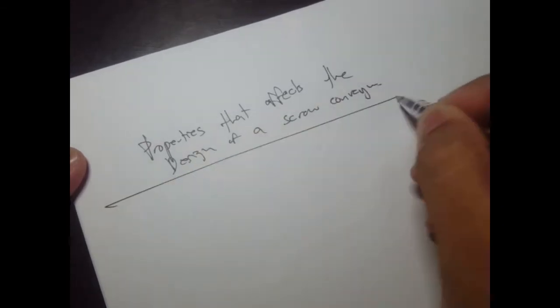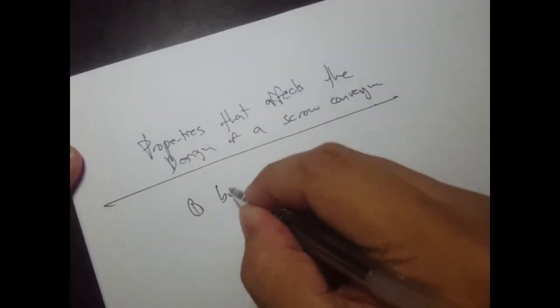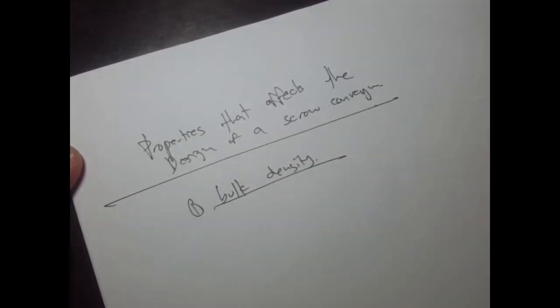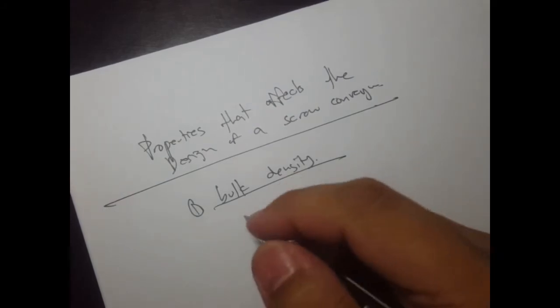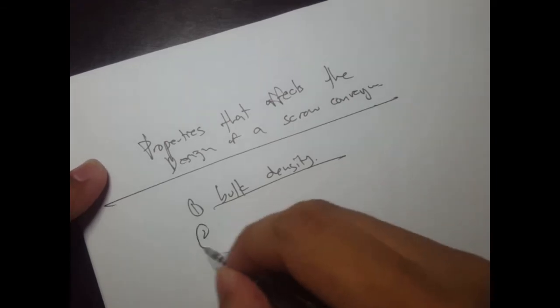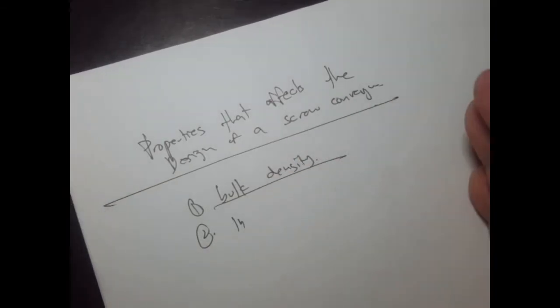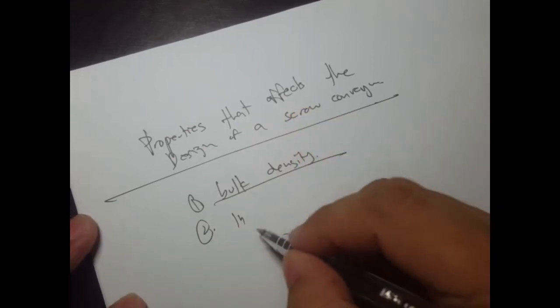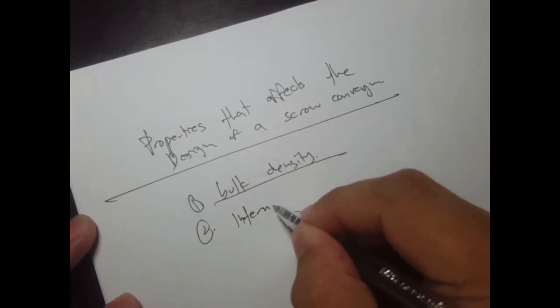Number one is the bulk density. Of course, if you have a heavier material, then you would need a larger power requirement. And also, since there's going to be a transport of material, there's motion of materials, so there's going to be an internal friction.